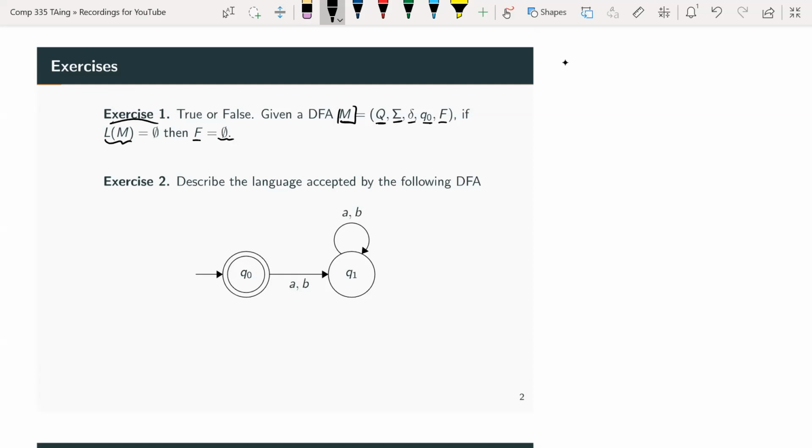Okay, so this one is a bit tricky. It's actually going to turn out to be false.